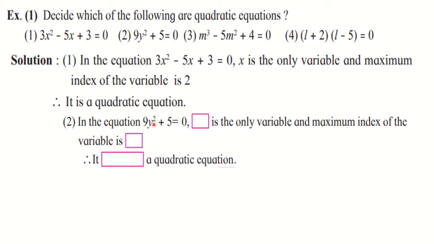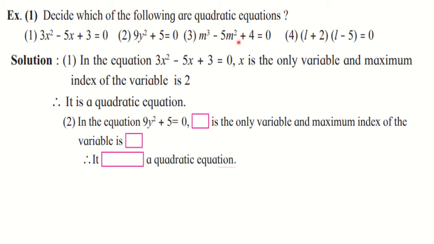Also the maximum index here is 2. So here you will write down 2. In this way, both the conditions are satisfied, so we can say that it is a quadratic equation. Here what word will come? Is. Because both the conditions are satisfied by us. So here you have to write down it is a quadratic equation.